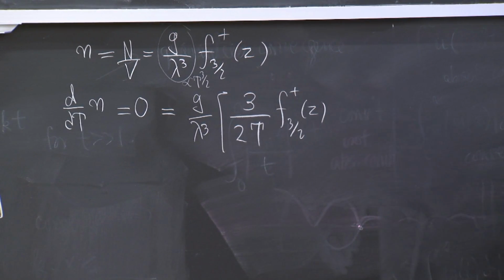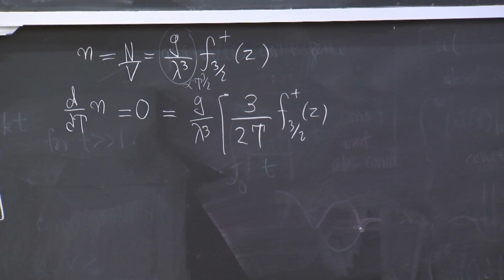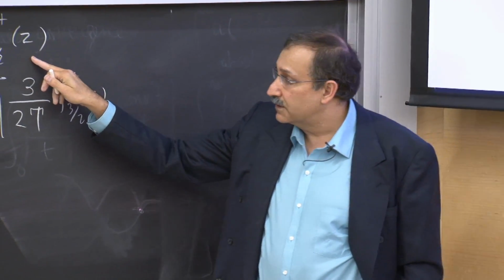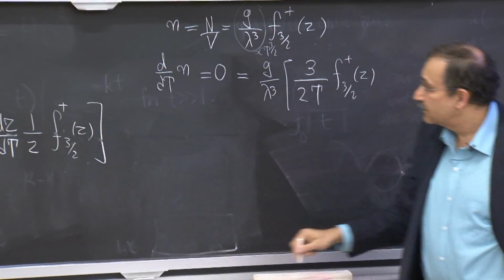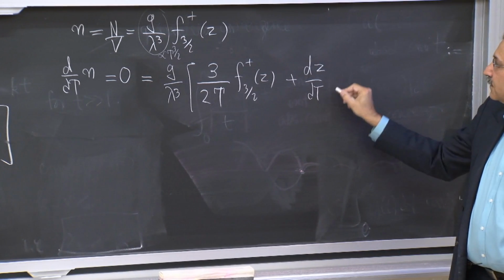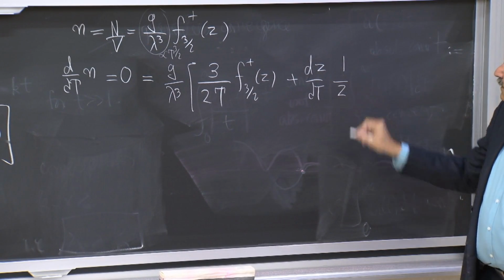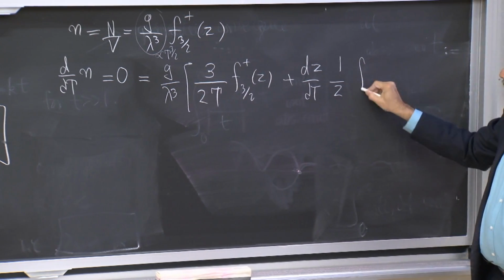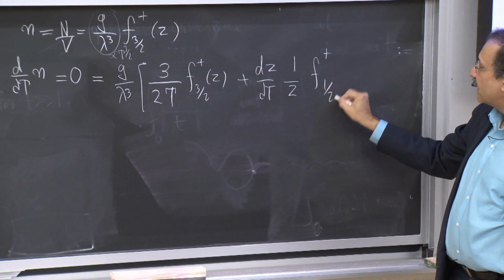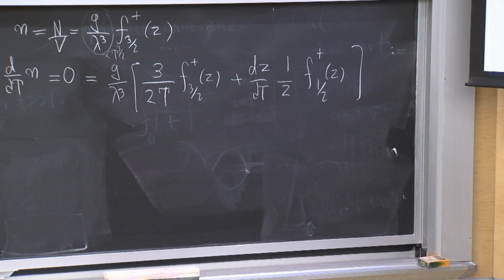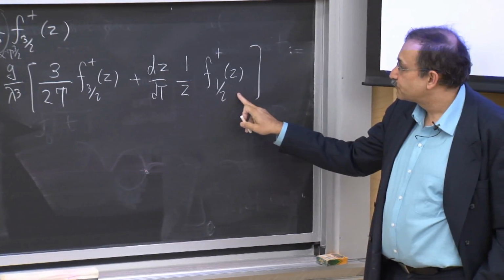But then I have to take the derivative that is implicit in the dependence on z here, and that's going to be identical to this, except that when I take a derivative of f_{3/2}, I will generate f_{1/2}(z).